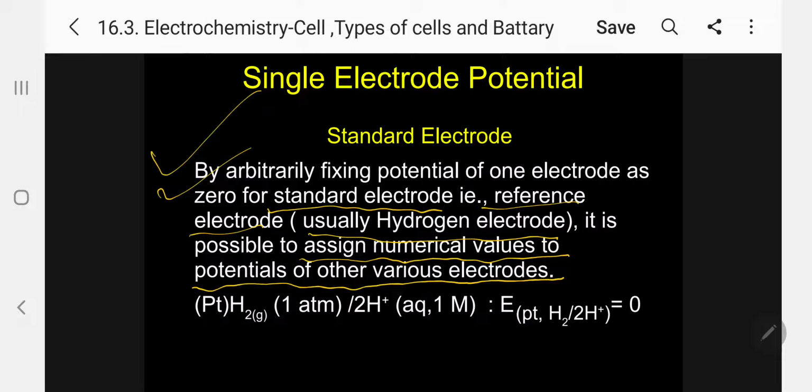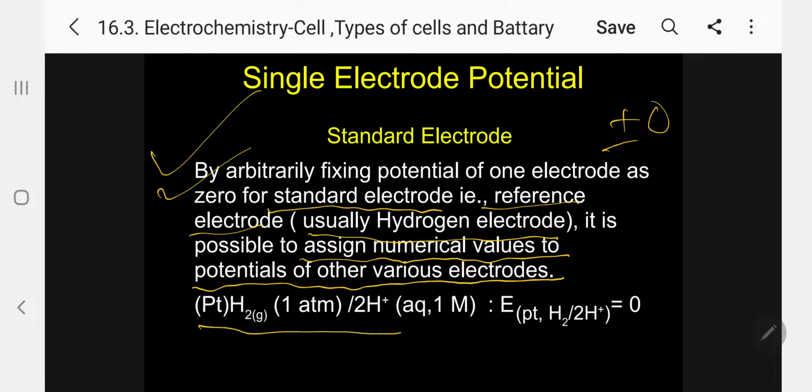We know that its value is 0 plus or minus 0. It may act as an oxidation potential or as a reduction potential, depending upon the nature of the other electrode. So by connecting any electrode to the hydrogen electrode, we can identify the potential of other various electrodes. Kindly follow me.